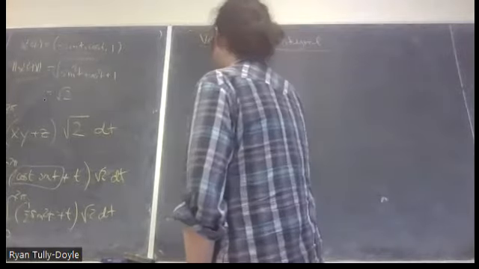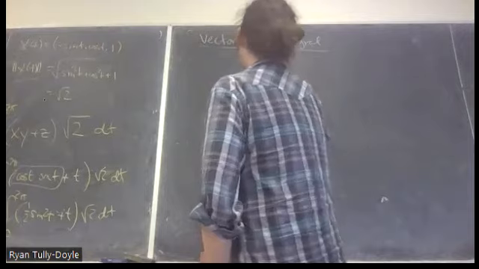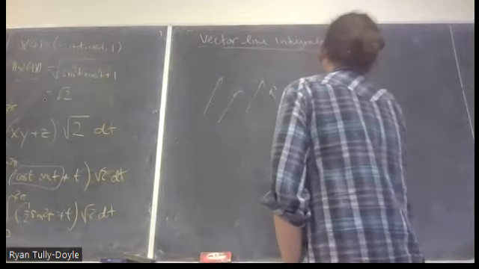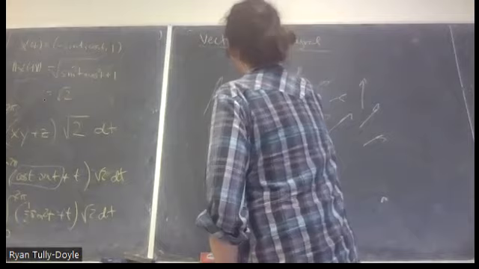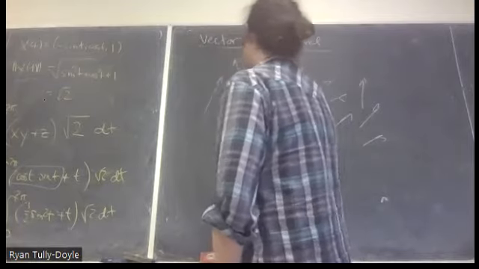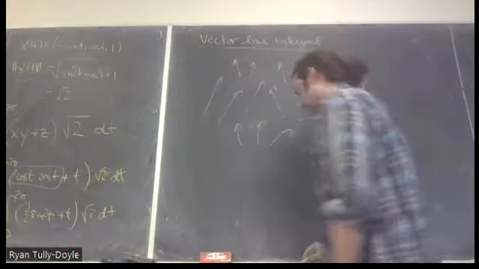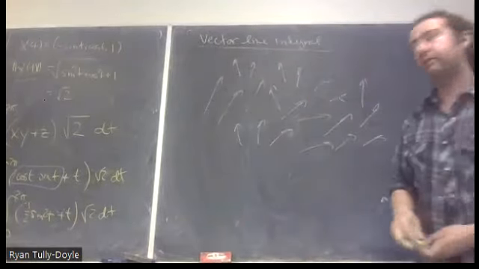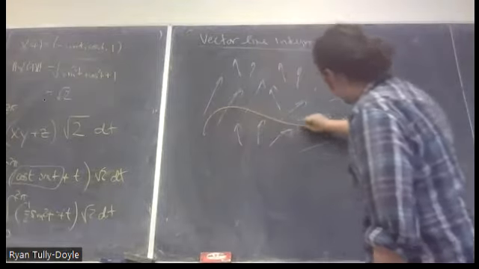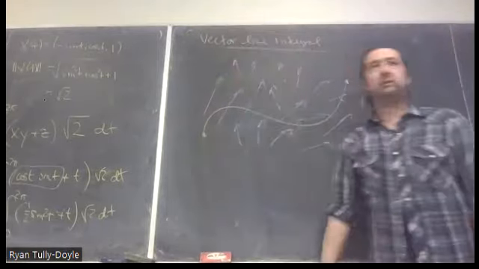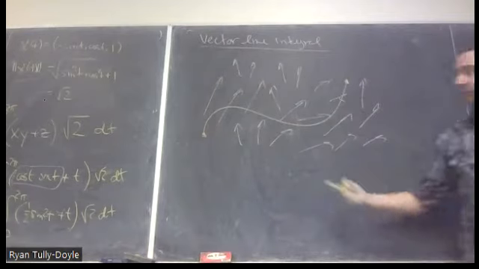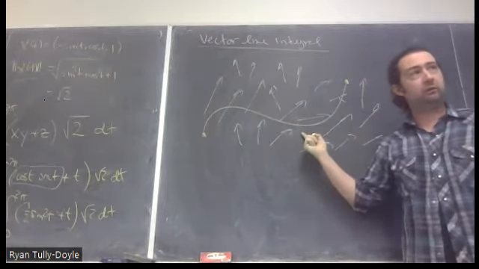The picture here is you have some kind of vector field. There's a vector field. And then you have some path that goes through the vector field. Suppose that this is the path of an electron moving through an electric field.